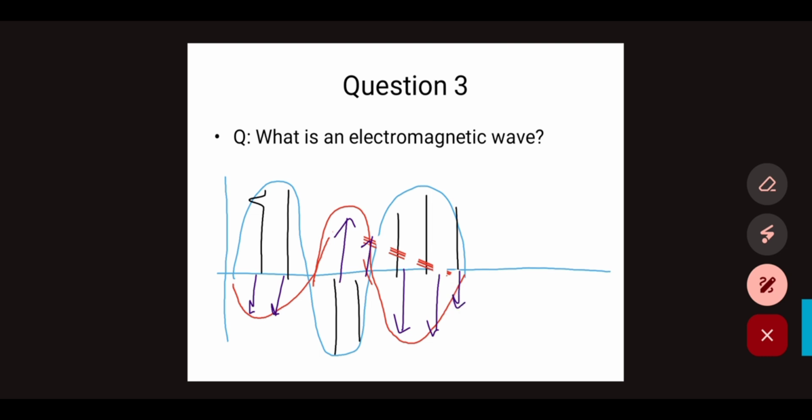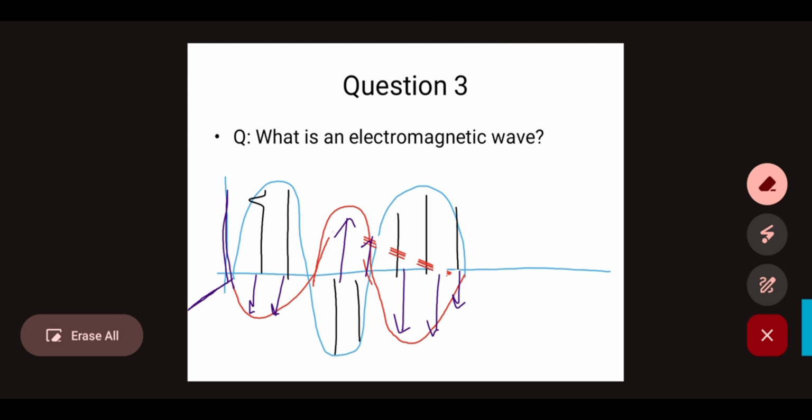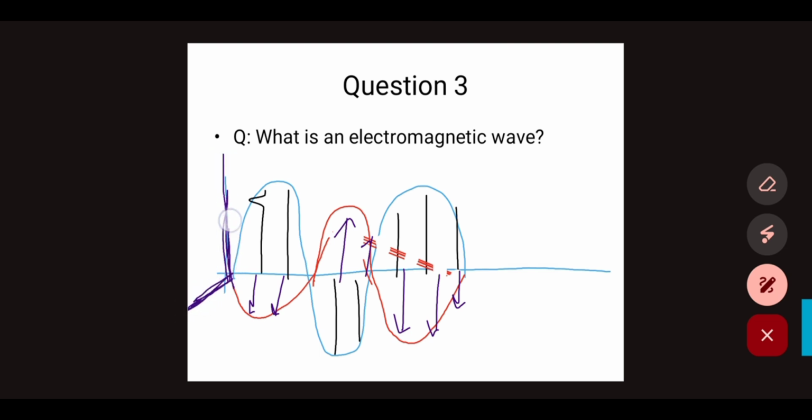So if we have the electric field in, suppose, the xy plane, and our magnetic field in a direction perpendicular to the electric field, then our propagation wave will propagate in a direction that is perpendicular to both of these.